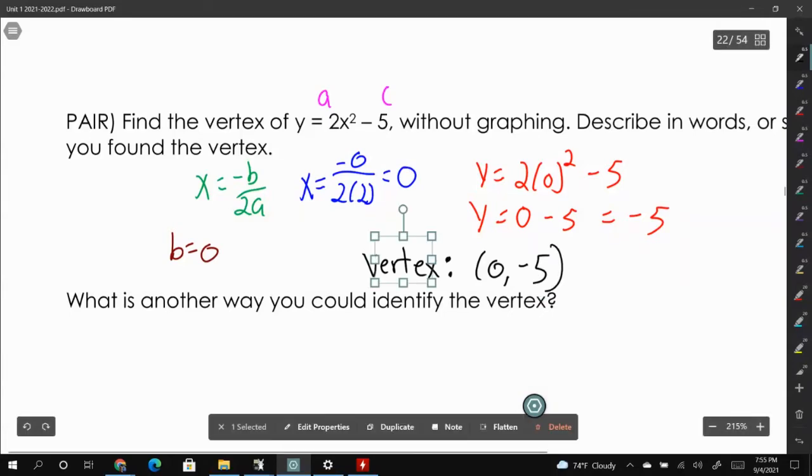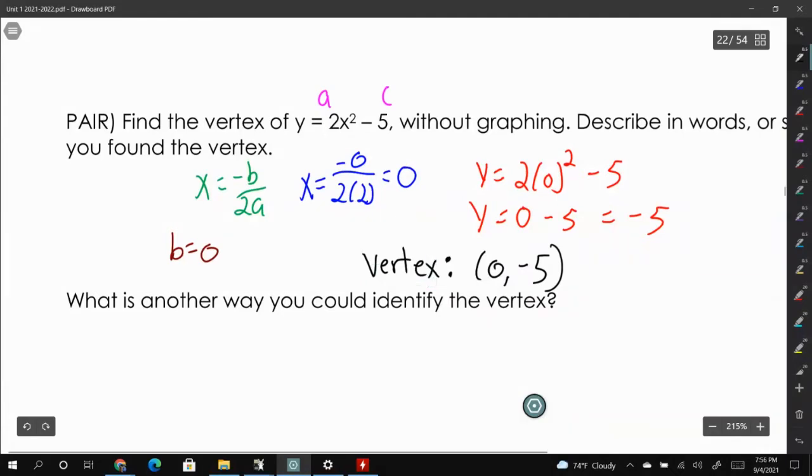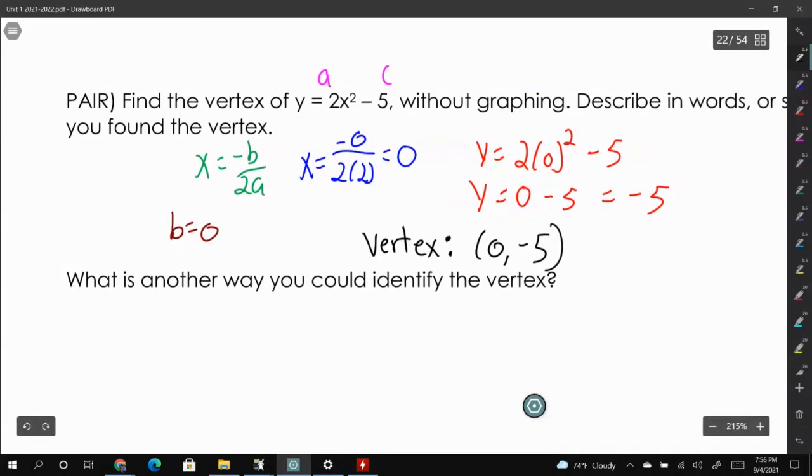Okay, so that was one way to find the vertex. We said that this was in standard form because we didn't see any parentheses. That's usually a good indicator. But let's see if there's another way to get our vertex that might be a little bit easier.